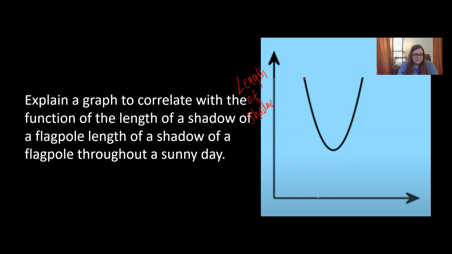And this axis is the time of the day. So we're going to say this is morning right here. The length of the shadow is at its highest point. And then as the sun is hitting the horizon, the shadow just starts to go down. And then when the sun starts to go back down, the shadow goes up. And that's how we do that one.